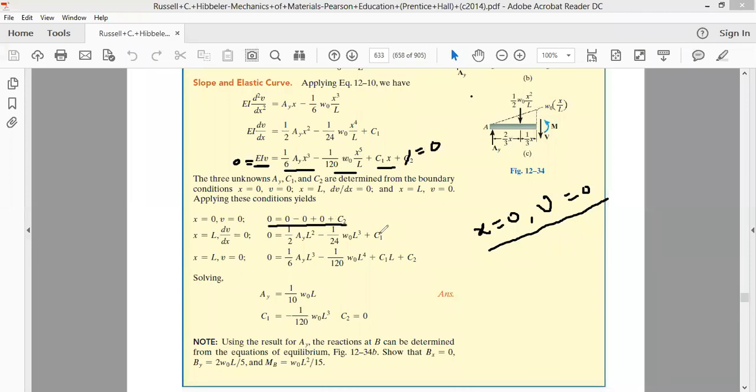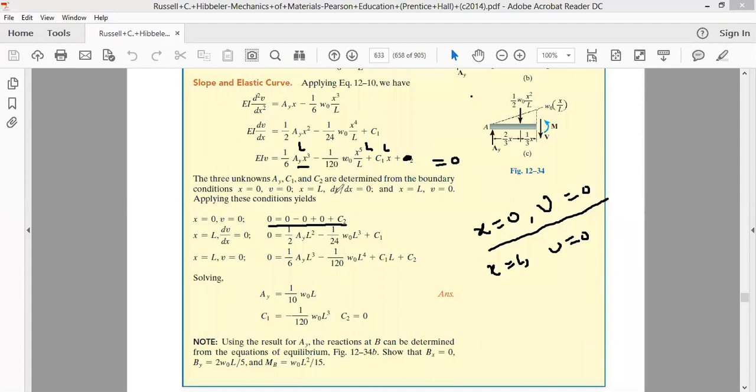Now again, go to x is equal to L, and apply the second boundary condition. At x is equal to L, the value of our deflection is equal to 0. So in this equation, substitute the value of x is equal to L. C2 is already equal to 0, and at x is equal to L, the value of our deflection is equal to 0.